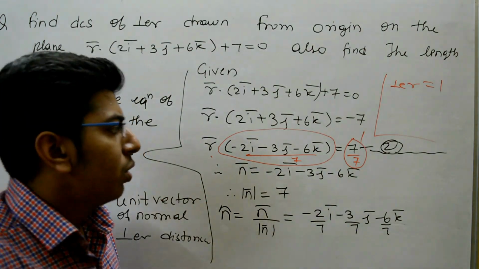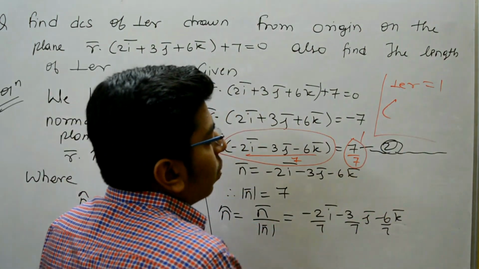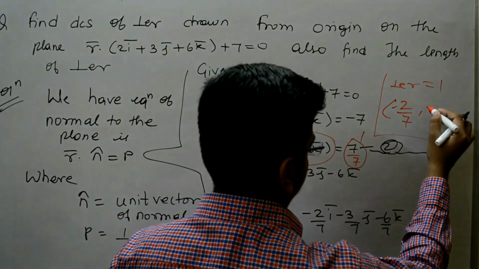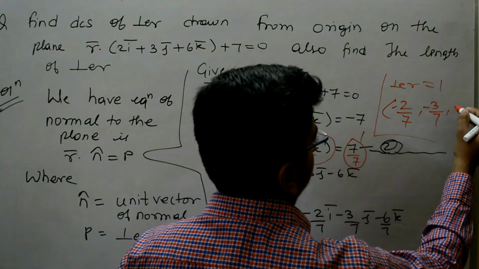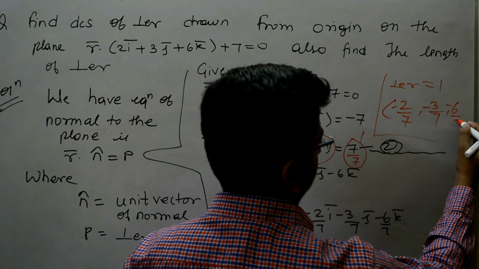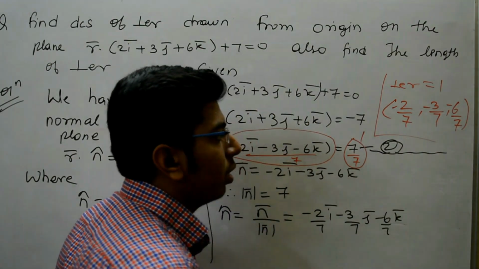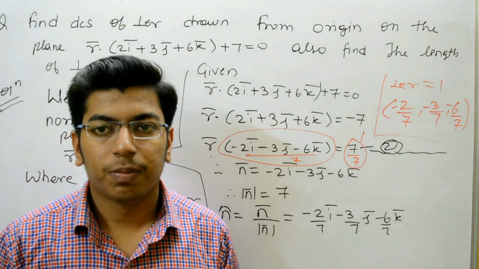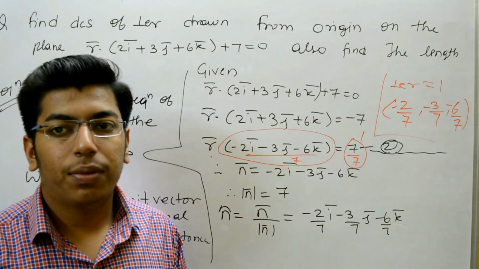So just write the direction cosines are these. This is all about the solution of this equation. So look at this very carefully.